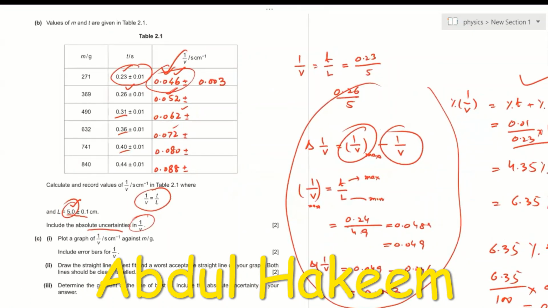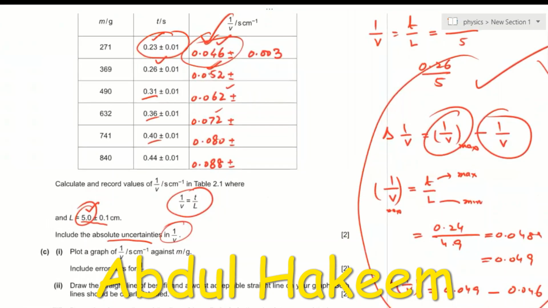Now, second, same method. This one, maximum value minus the minimum value. Now the maximum value for the 1 over V max will be the maximum value of the T, 0.27, divided by the minimum value, 5 minus 1, 4.9. So it is 0.27 divided by 4.9 and minus this value, maximum value minus the normal value.